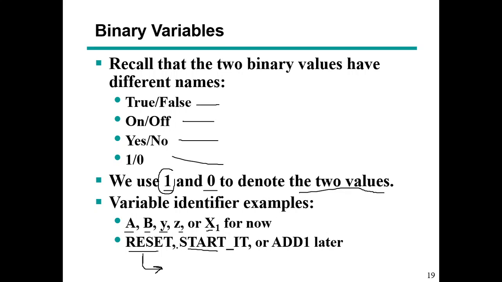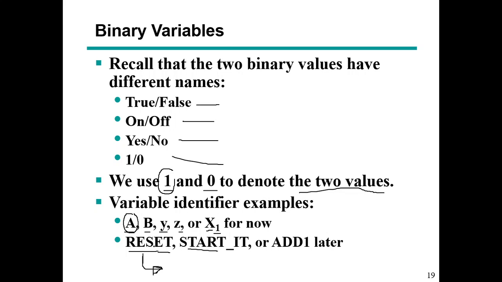When we use Boolean expressions or functions in Boolean algebra, mostly we'll be using single letter notations. They can have subscripts. Later on, when we are designing digital circuits, you can come across inputs like these. They are more meaningful. They basically tell you the purpose of that particular input.